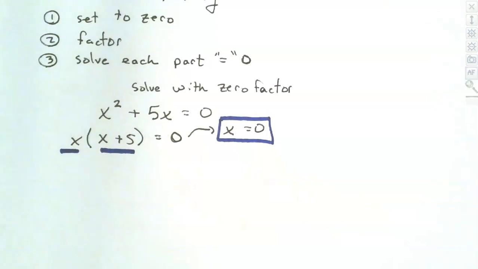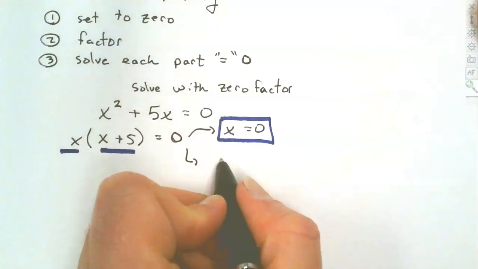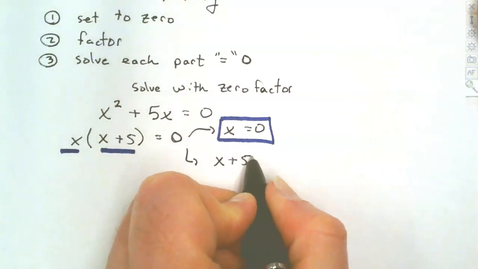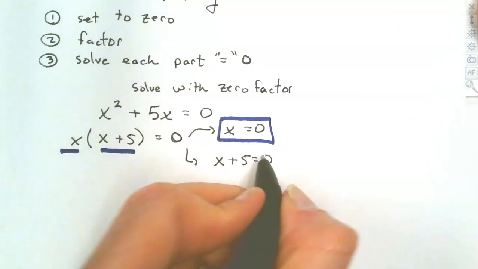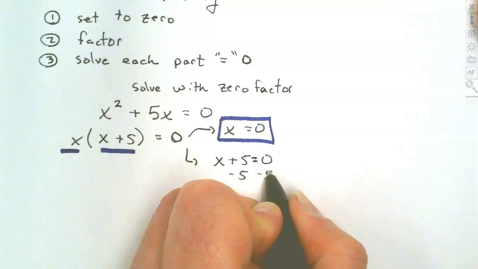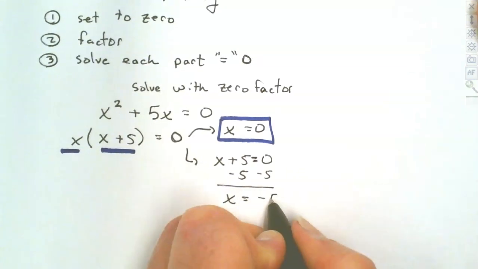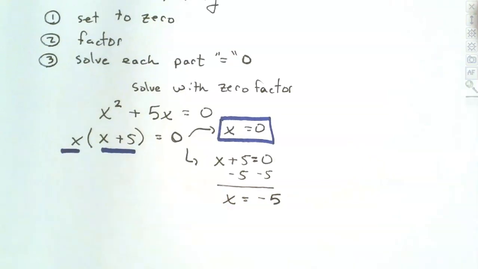So we factor out an x, so we got x equals 0. What about the other one? What is it going to be? Well, it is x plus 5 equals 0. And we need to solve this, so we move that 5 over. And that leaves us then with x equaling a negative 5.